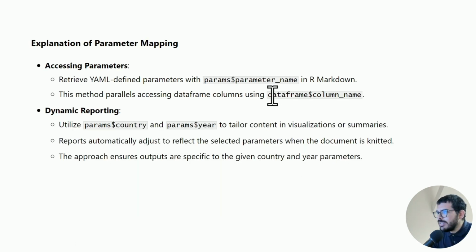Now, just like a data frame, when we want to access a specific column, we add that $. For YAML, it's also similar. So basically, we go to the params and access the parameters, and specifically request the values for the parameter name, whatever it is.